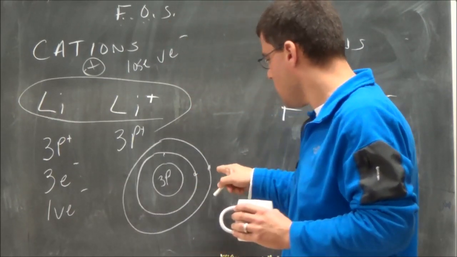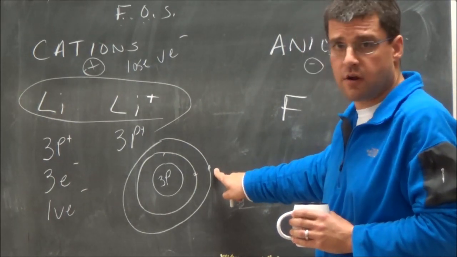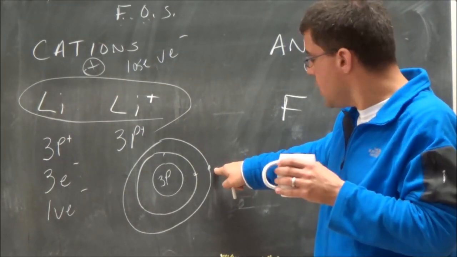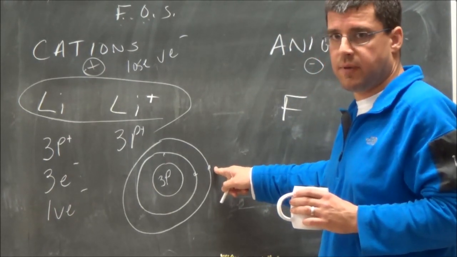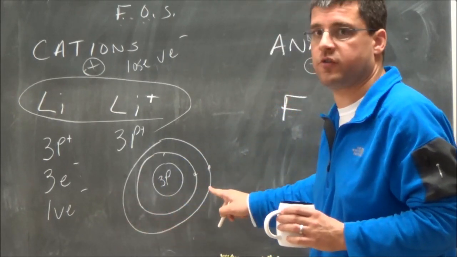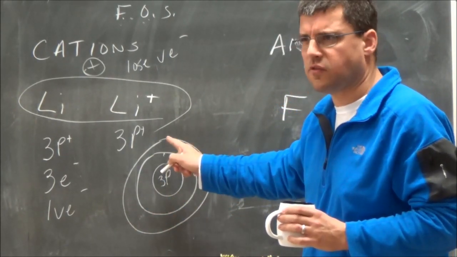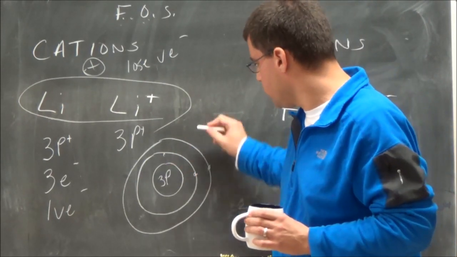Here's your third. All I want in science is a full outer shell. We know that in order to acquire a full outer shell, this one can either gain 7? No. It's going to lose 1.